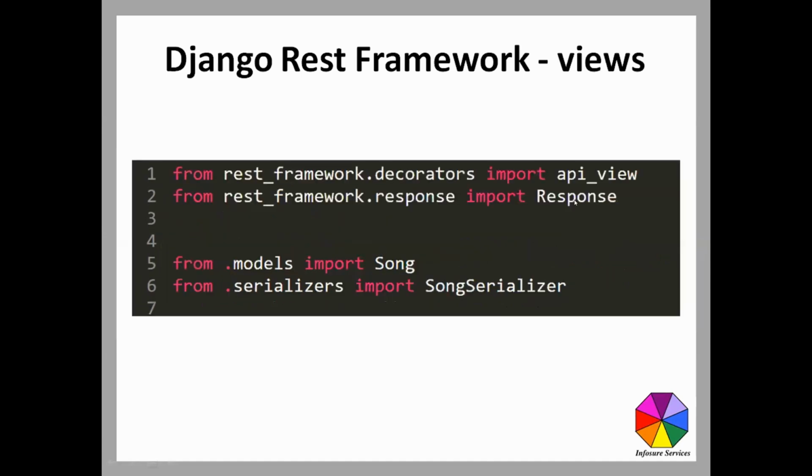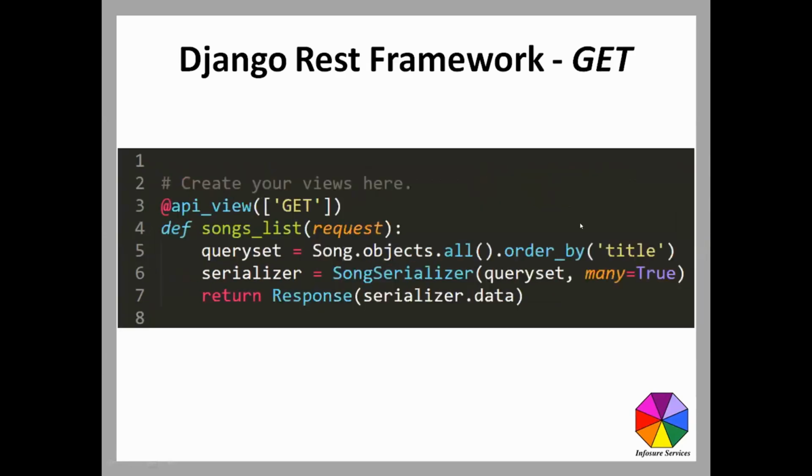Response is what we pulled here. This is your HTTP response, like REST framework's response. That also is provided by REST framework. So the REST framework gives you these two, API view and response, which you can easily use to build your API.